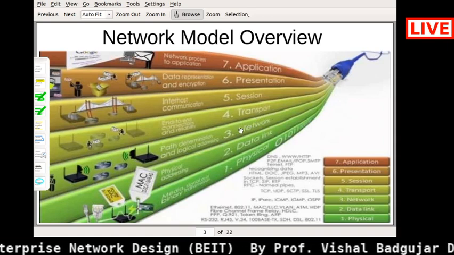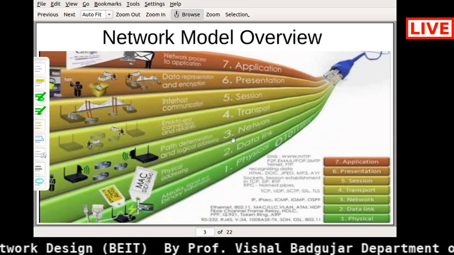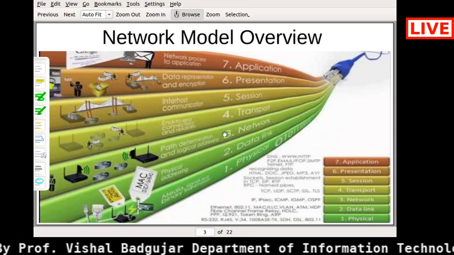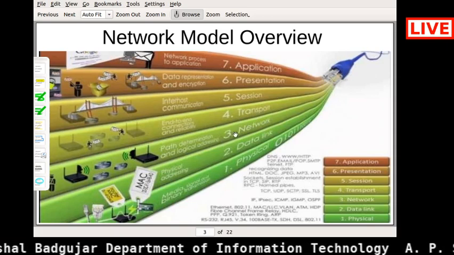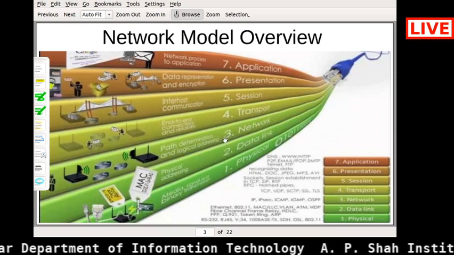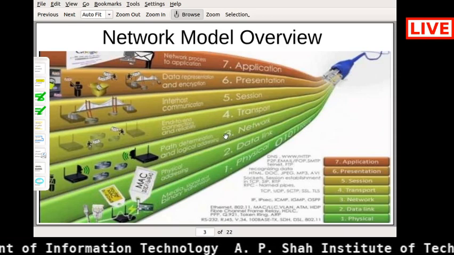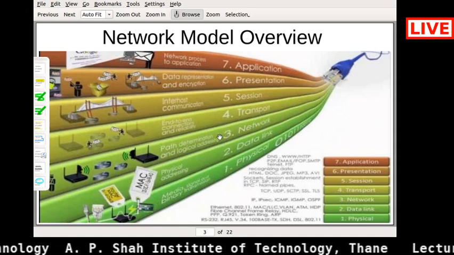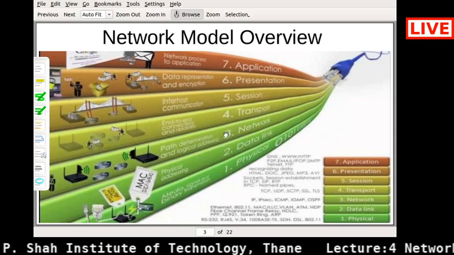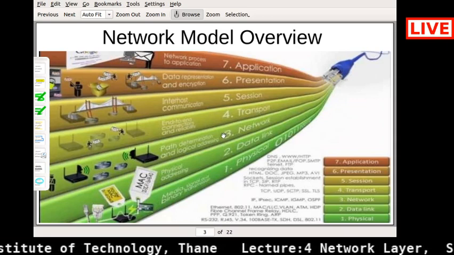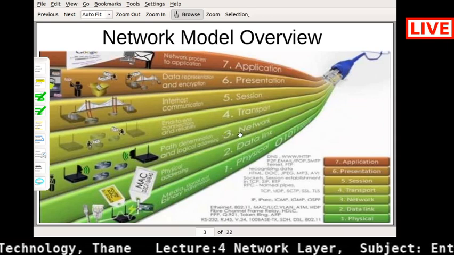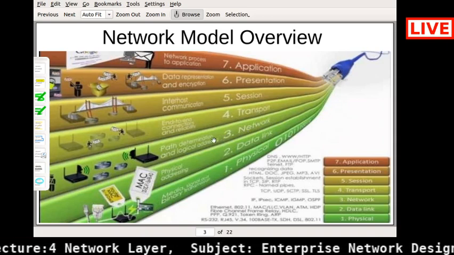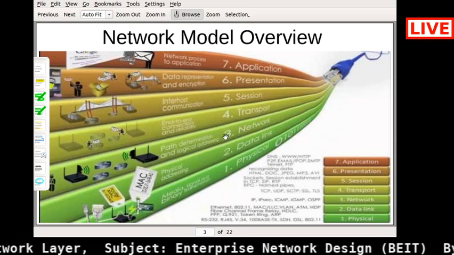You need to select the best path for your packets. How this path can be determined, how logical addressing can be given with the help of intermediary devices, and how the packet can be transferred between two or more networks with the help of those devices. All these things we will discuss today.